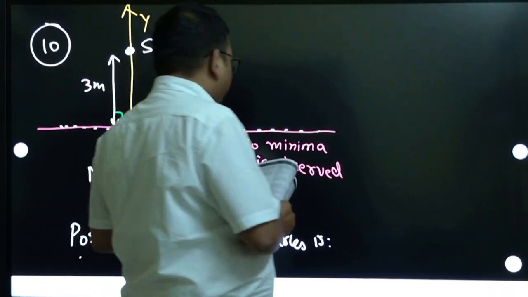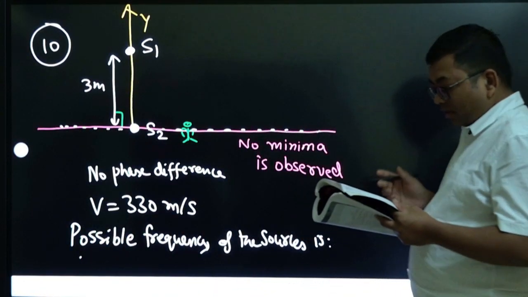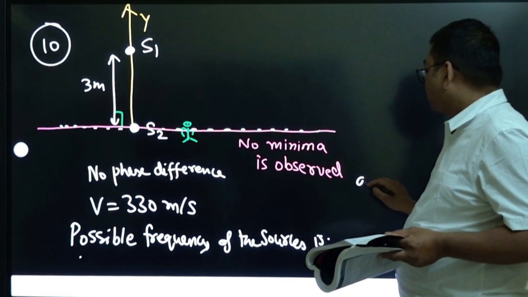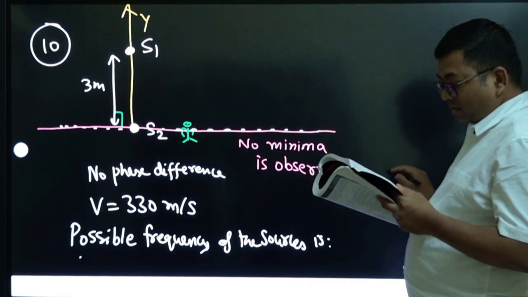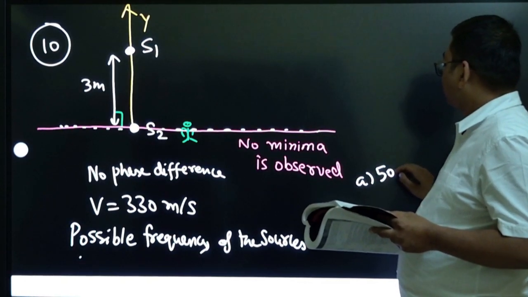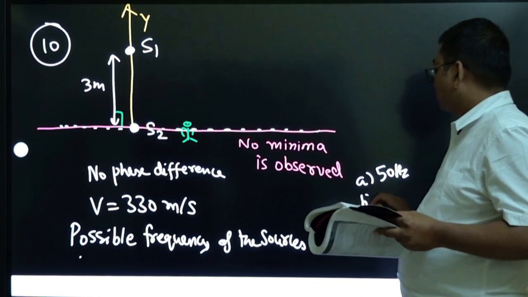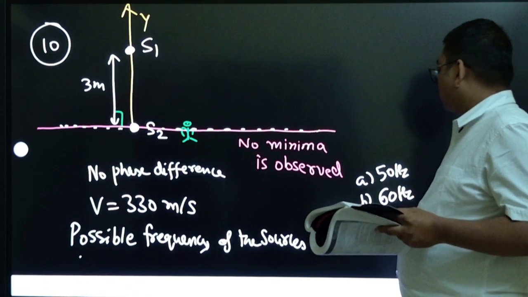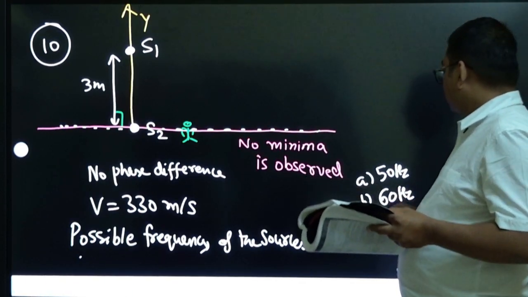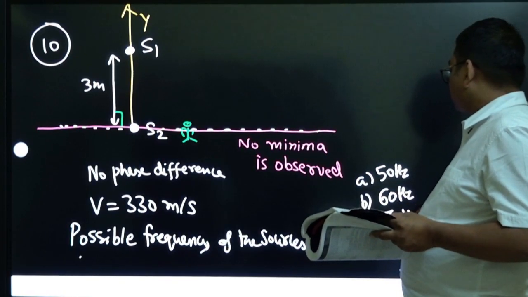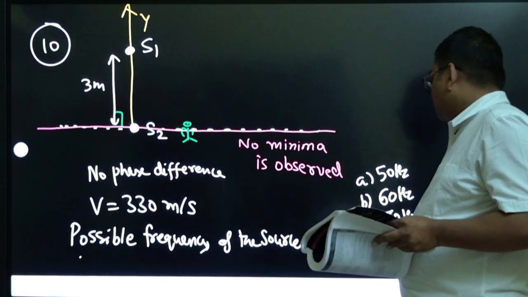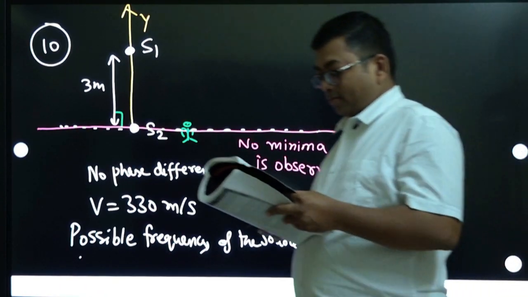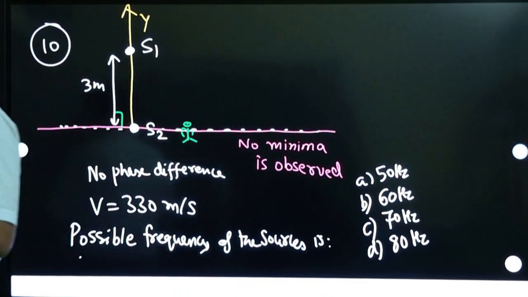They are asking for possible frequencies, but only one option is the answer, that means any one of the frequencies they are saying. So possible frequency is 50 hertz, 60 hertz, 70 hertz, 80 hertz. Try this.